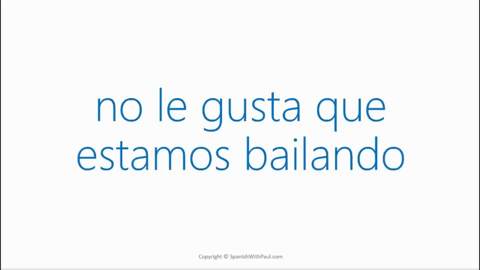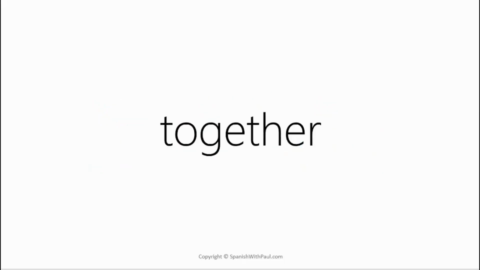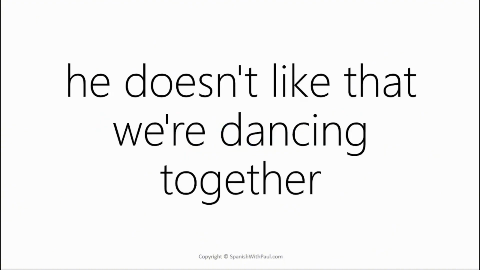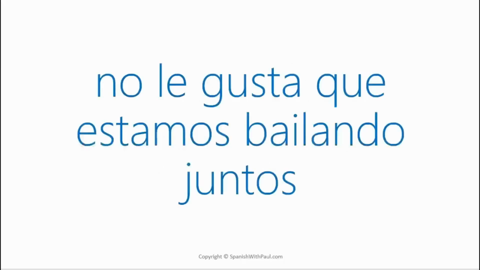No le gusta que estamos bailando. The word for together in Spanish is juntos. Juntos. How would you say he doesn't like that we're dancing together? No le gusta que estamos bailando juntos.